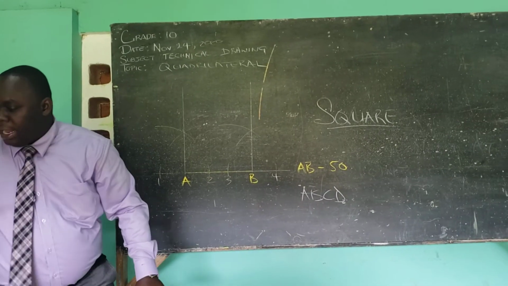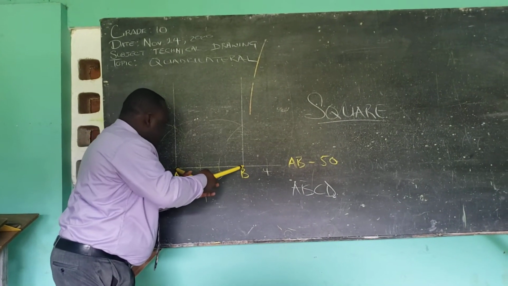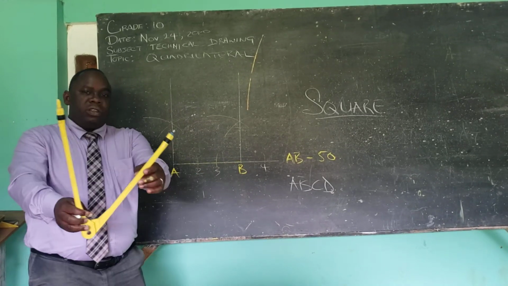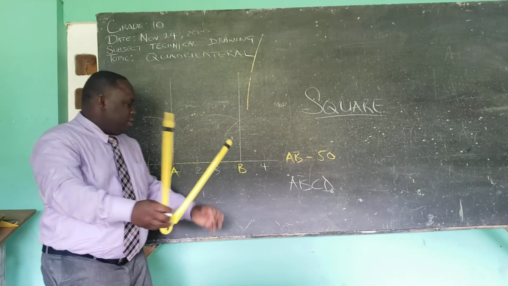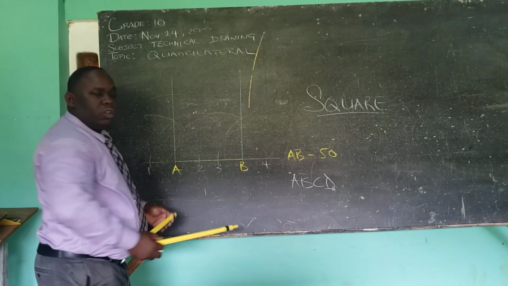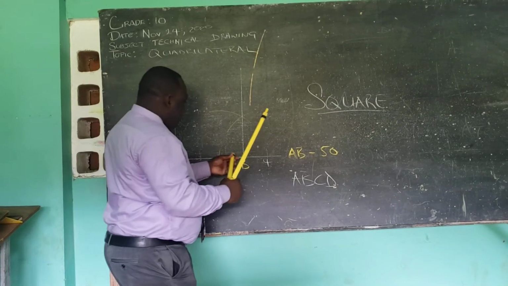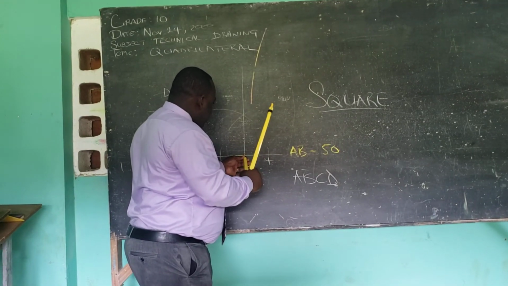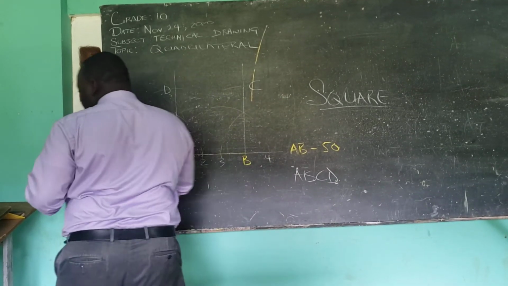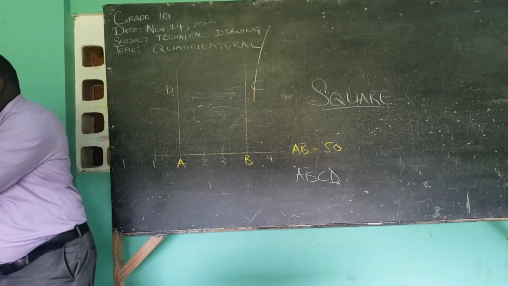Now remember that the length of AB for our square is the length of our AB. So simply put, this is 50 millimeters. We have now received the length of our AB. At A, we can swing an arc and cut our line. So this point will be D, and at B, we will repeat the same procedure. That is now C. So all we now need to do, students, is actually to connect our respective lines.